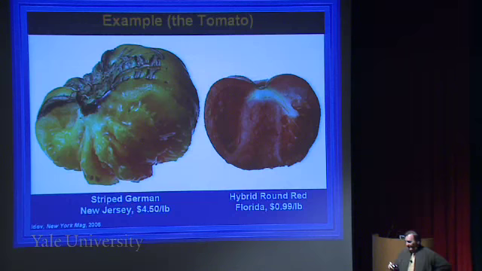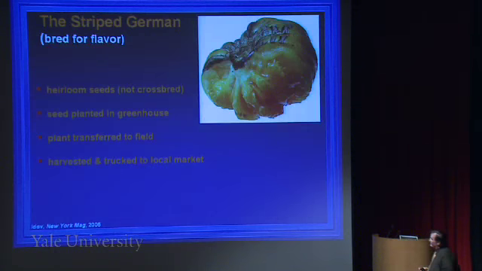And if you look at these two tomatoes, the striped German is grown more sustainably than the other one. Heirloom seeds are used, so it's not crossbred to create some modified version of the original tomato. It is the original tomato. The seeds are planted in a greenhouse, then transplanted into the field. They're harvested and trucked to the local market without much stuff going on them.